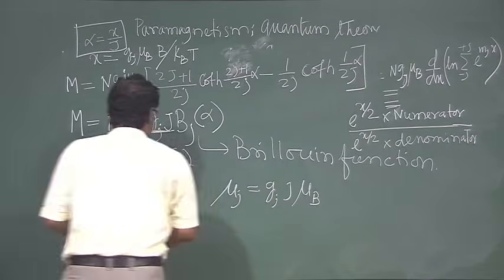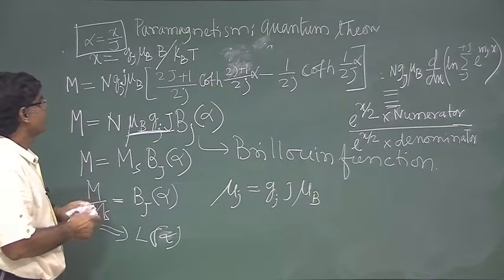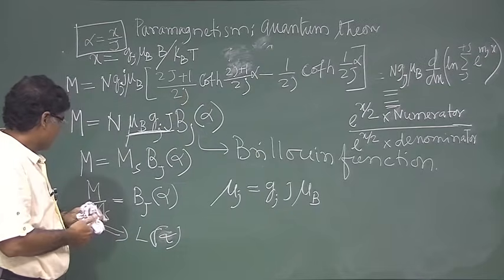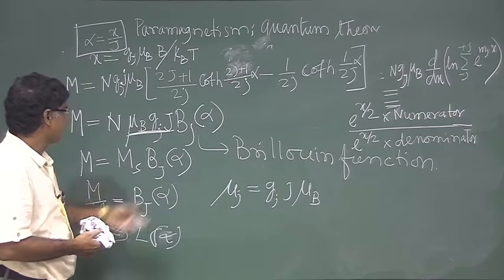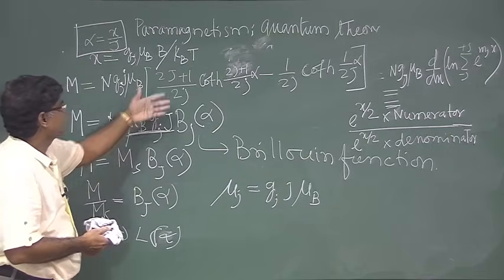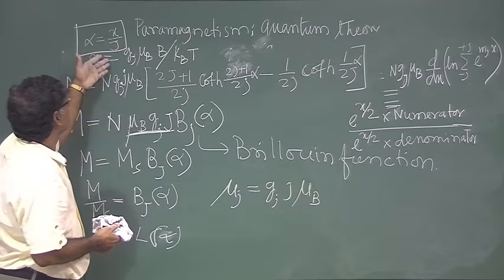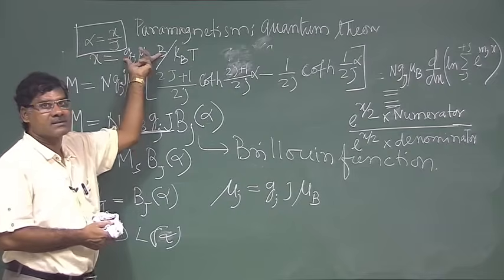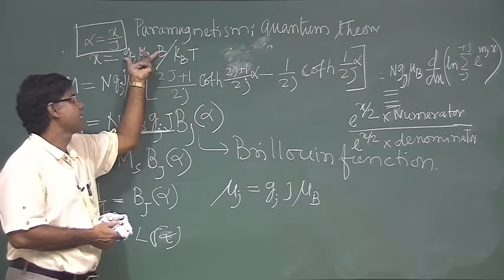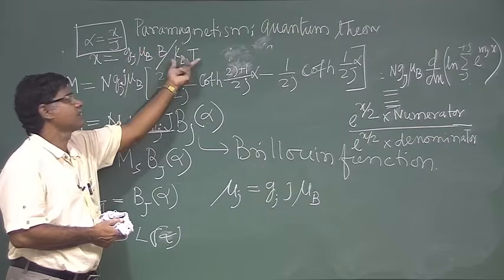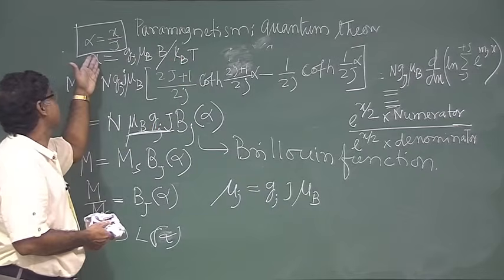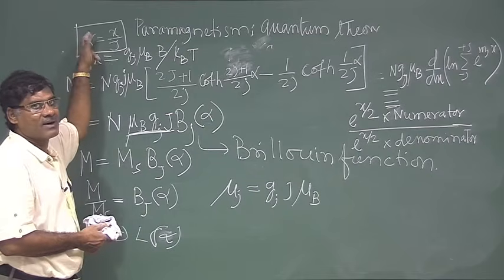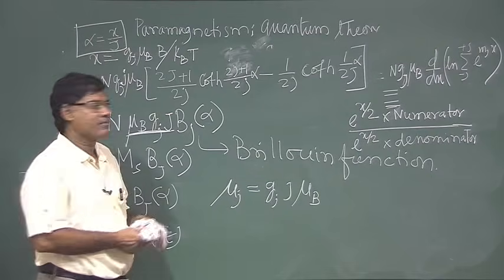Now, here just one thing you can see: if you take in this function that condition, this term is less than this term, meaning x is less than, or alpha is very much less than 1.